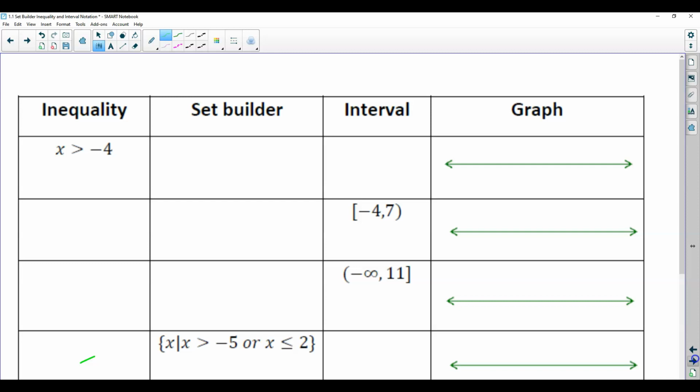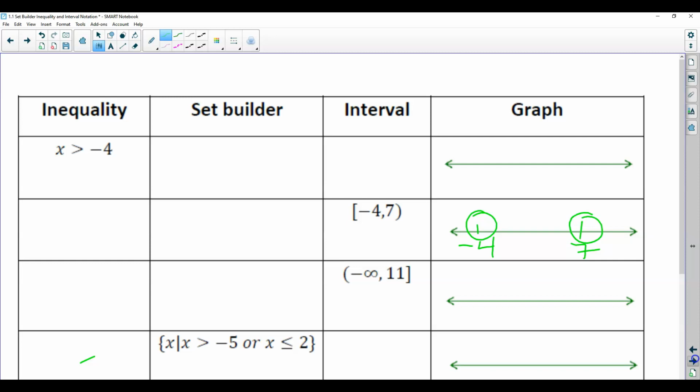The left one. Let's go back up to this row. I'm going to start with the number line because it's easier to write the inequality. So over here on the number line, I'm going to draw a -4 and a 7. Spread them out a little bit. Draw circles around them. Which one do I shade in like a brick wall?